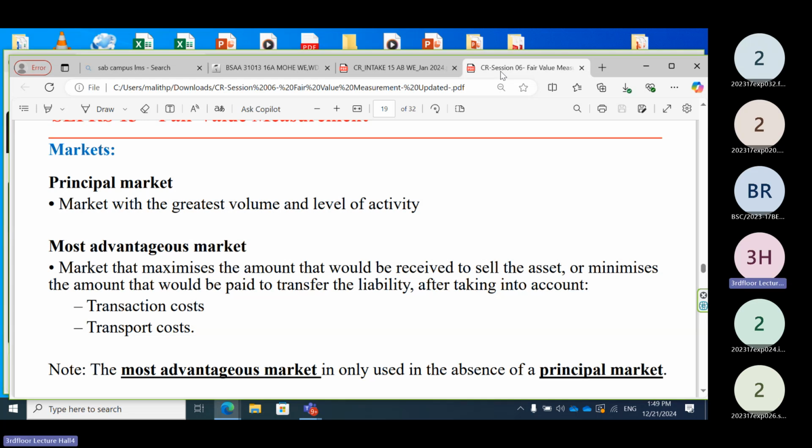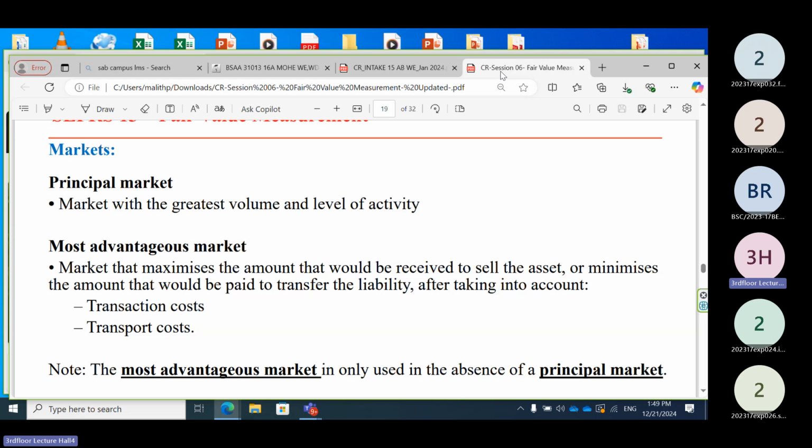Fair value is the selling price less whatever the transport cost is, not the transaction cost. Once you are doing your fair valuation, don't use transaction cost. Use the transport cost only. So you should ask why you are saying that.